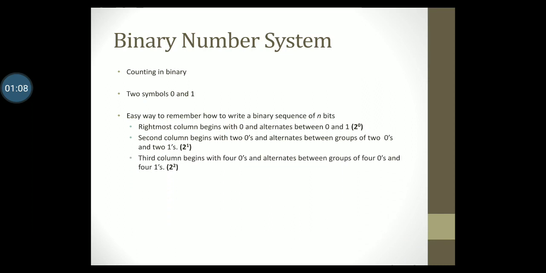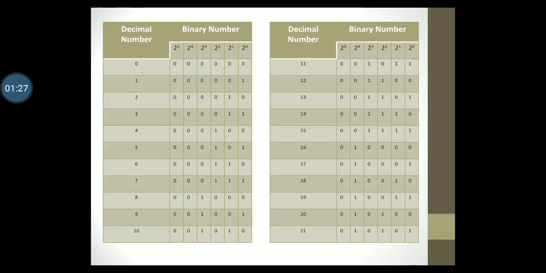The third column begins with 4 zeros and alternates between groups of 4 zeros and 4 ones, since 2 raised to 2 is equal to 4. And so on. I have drawn a table to explain this.